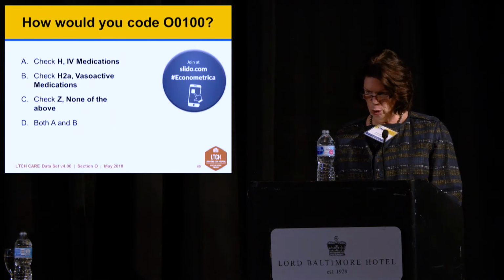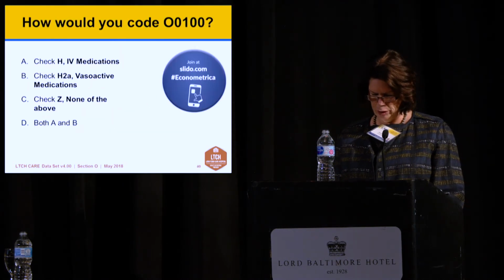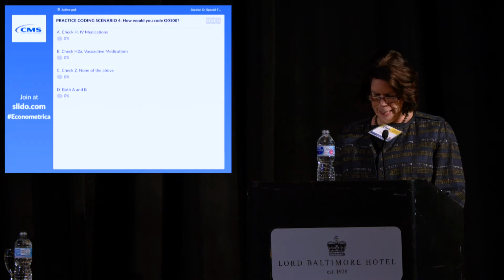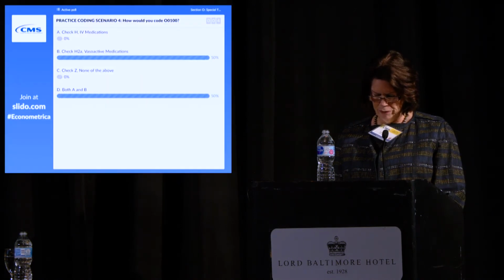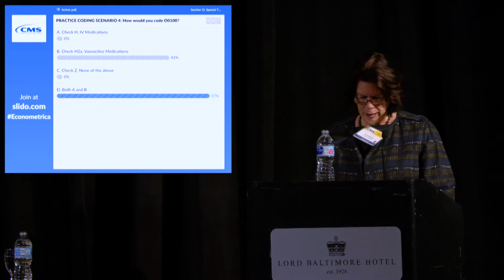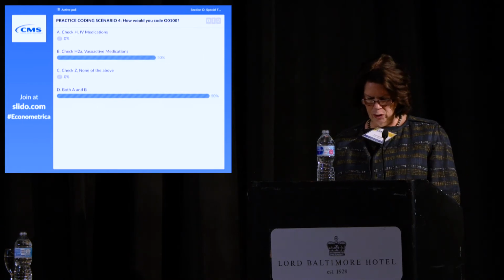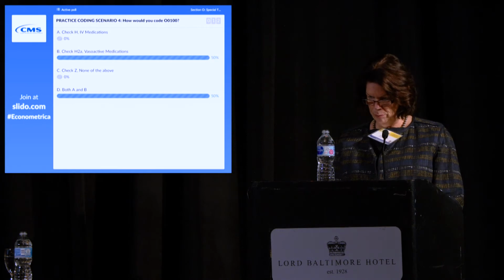How would you code O0100 in this scenario? Would you check A, H, IV medications, B, check H2A, vasoactive medications, C, check Z, none of the above, or D, both A and B?